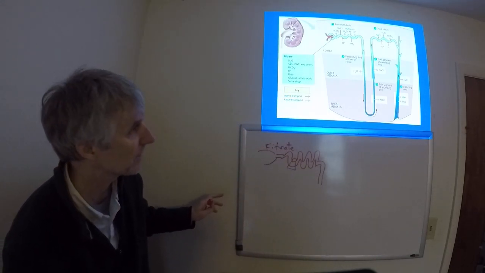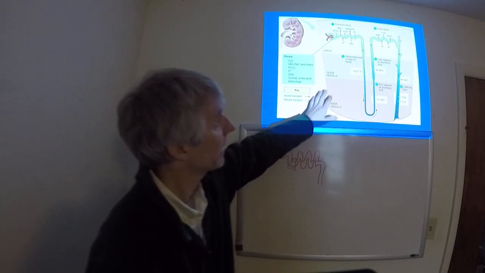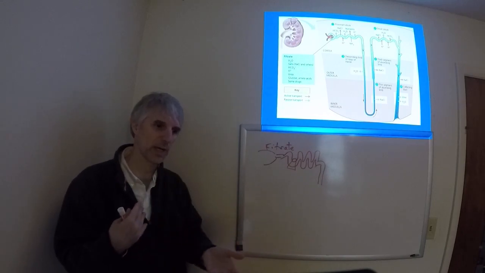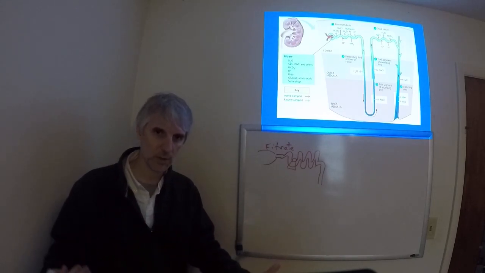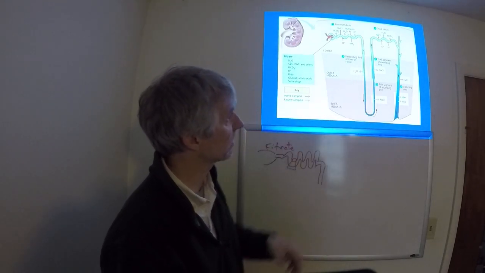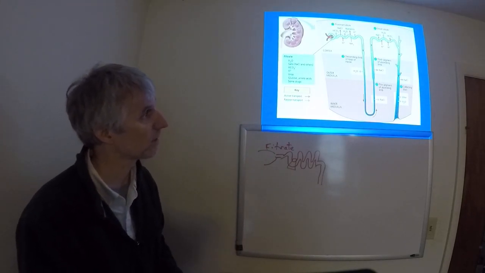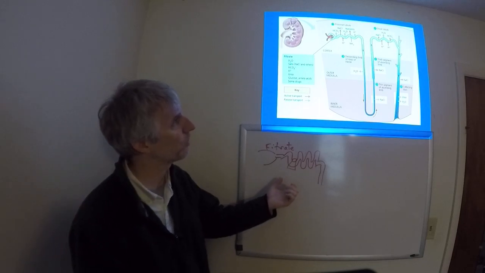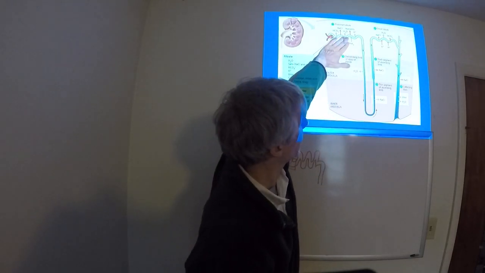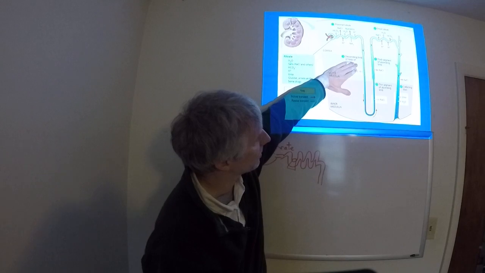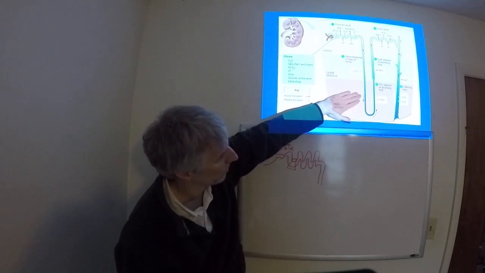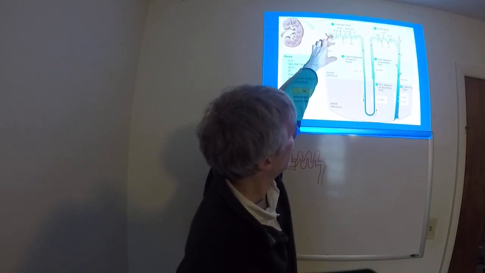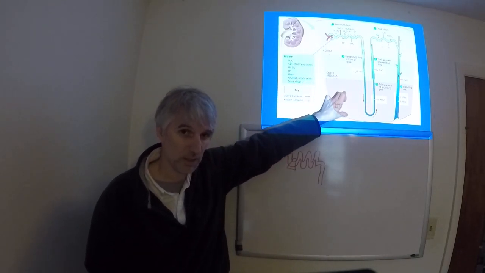All right. That takes us now here, after we've made some initial adjustments to the filtrate, doing both reabsorption and secretion, to this descending loop of Henle. Now, in the descending loop of Henle, as we move deeper into the medulla, the salt concentration increases.